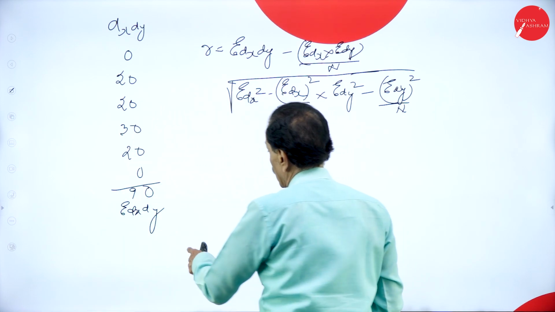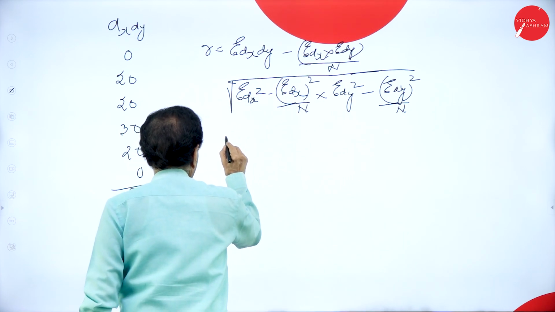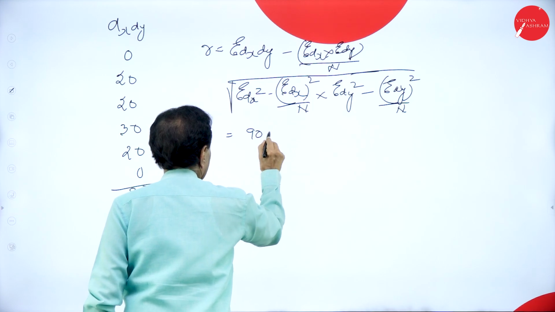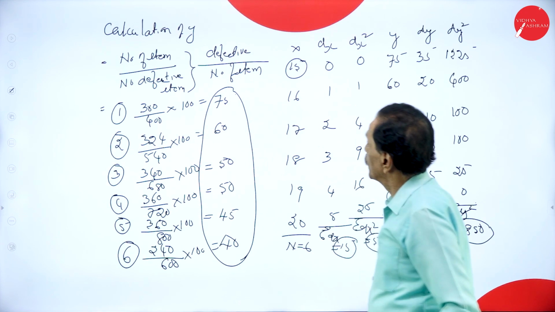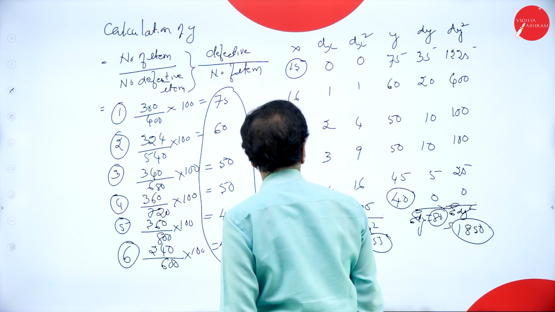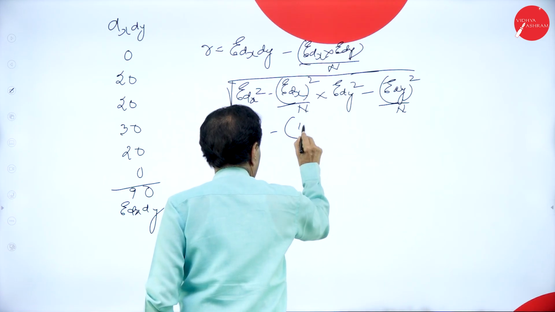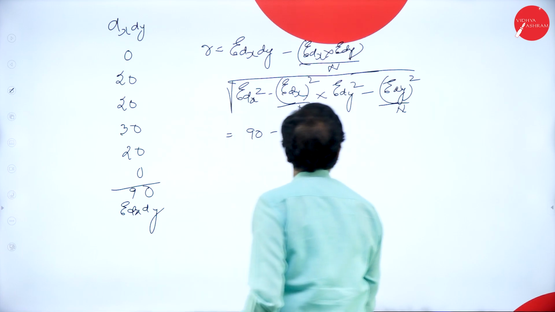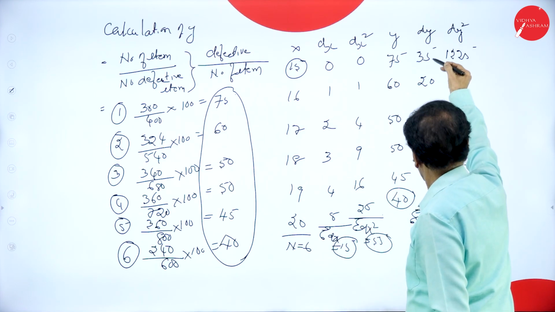What is sigma dx dy? 90, minus. What is sigma dx now? Sigma dx is 15, into. What is sigma dy?